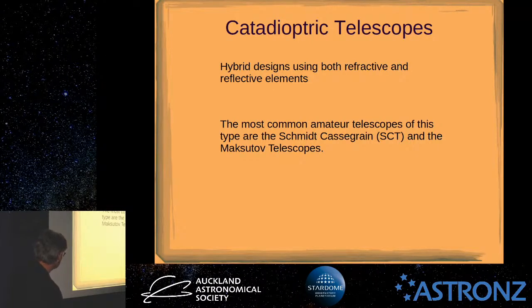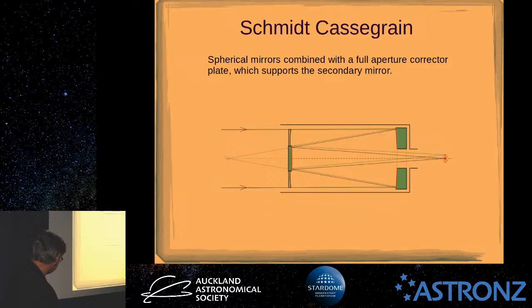This type of telescope sounds quite complicated, but they use a combination of reflection and refraction. The most common one that amateurs will be familiar with is called a Schmidt-Cassegrain. And there's also a thing called a Maksutov telescope. So we'll have a quick look at those.